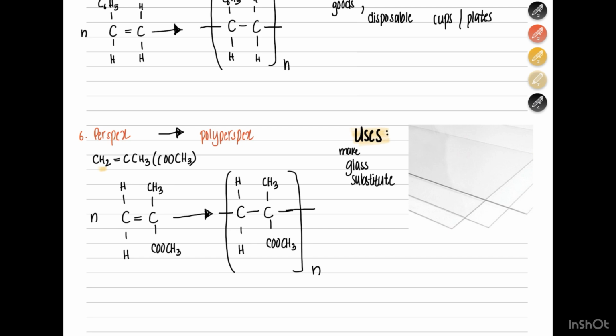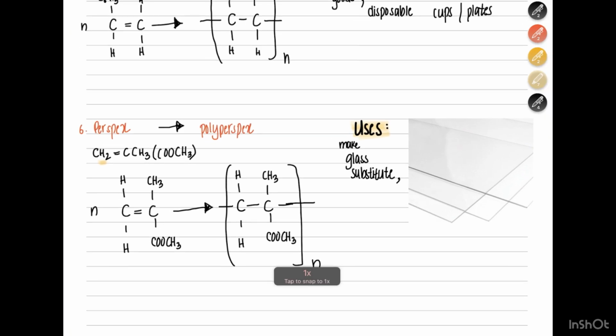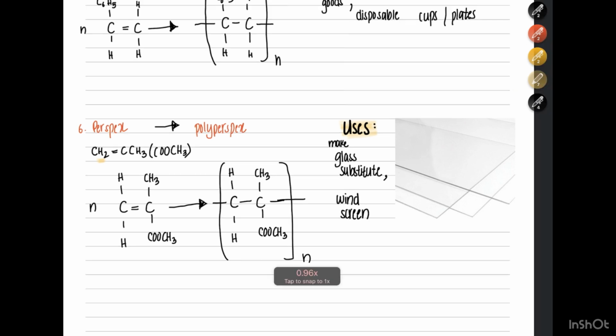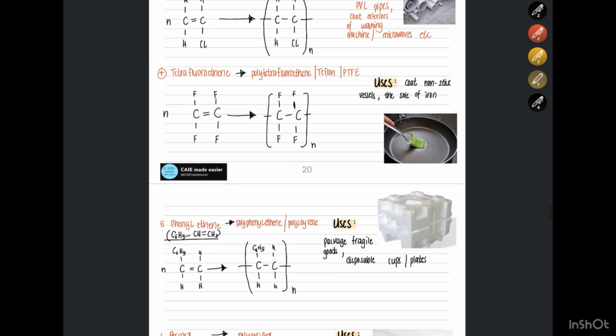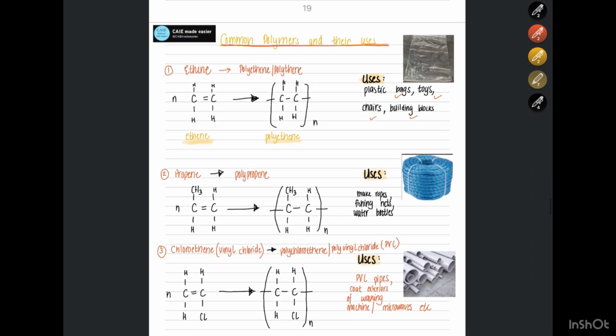You may have seen that some buildings or windows look like they are made of glass, but they're actually made of perspex or polyperspex. Even the windscreen is basically a glass substitute. So these are 6 common polymers. We looked at their uses and the monomers that they are made up of.